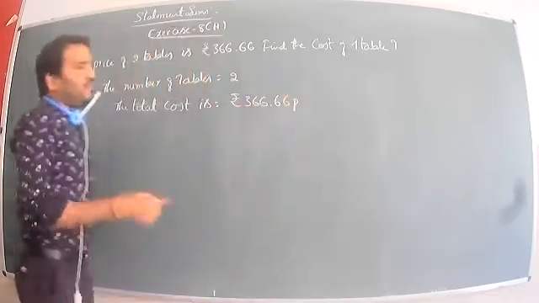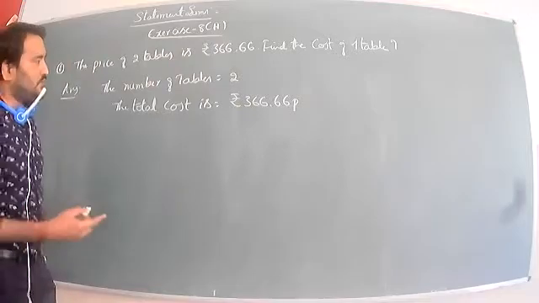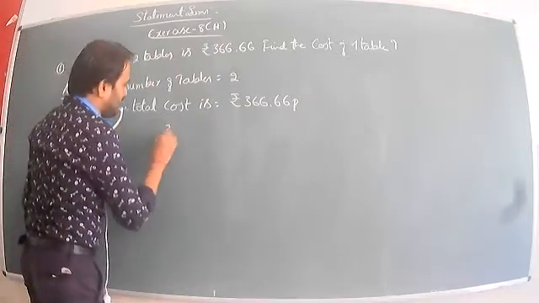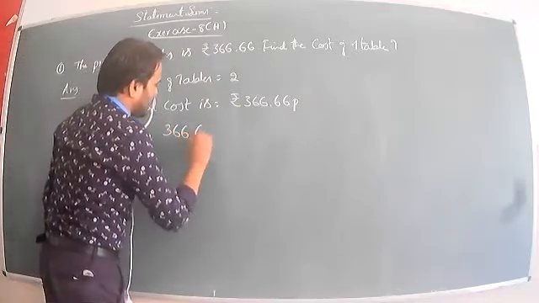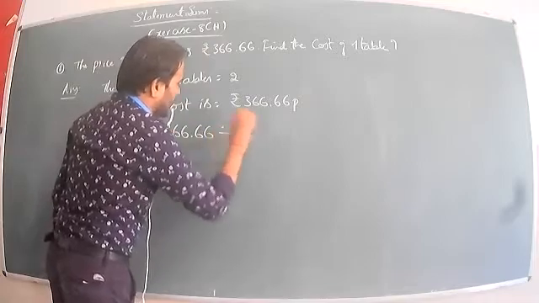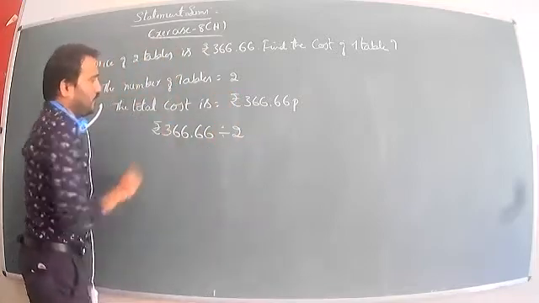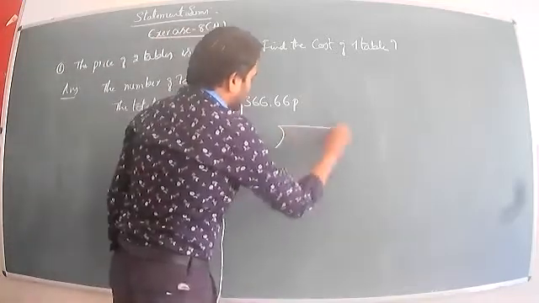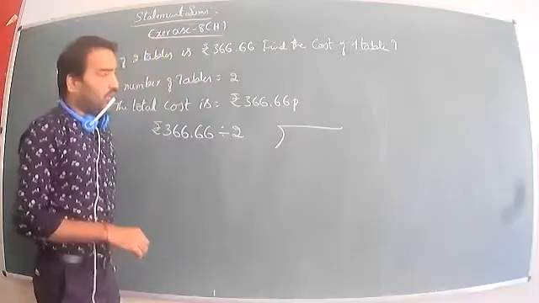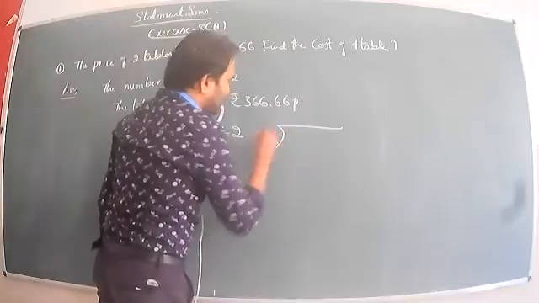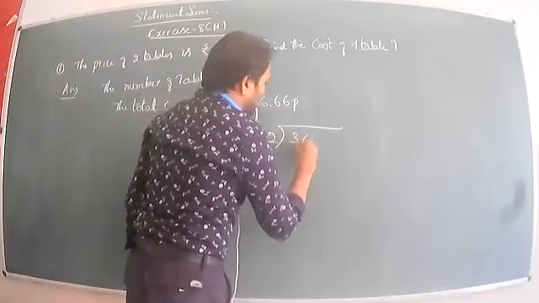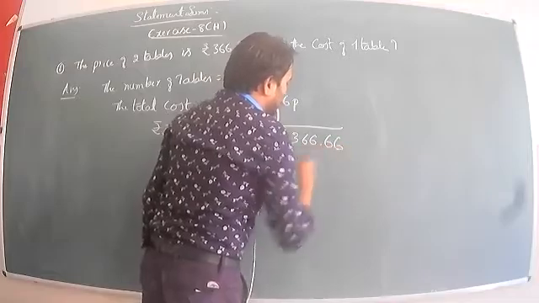Okay, let me find out the cost of one table. So now we can use the division method. 366 rupees 66 paisa divided by 2. So we can arrange it into the long division method. 2 is the divisor, dividend is 366 rupees 66 paisa.